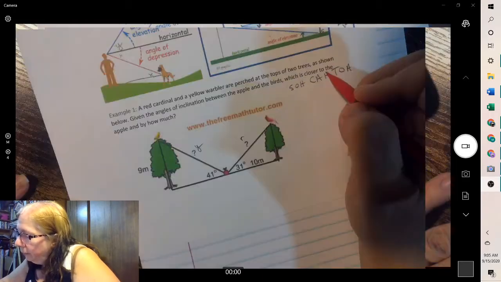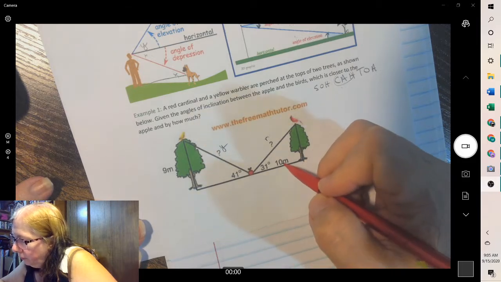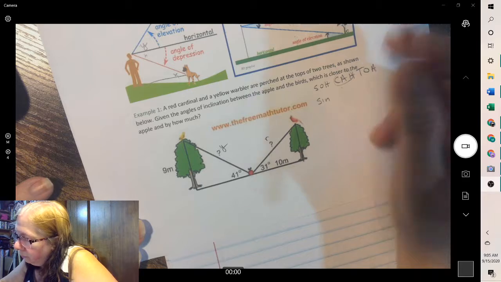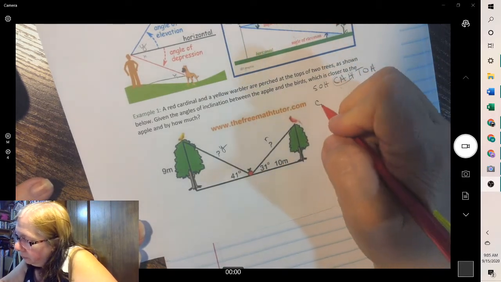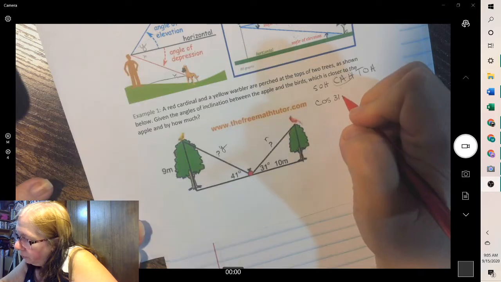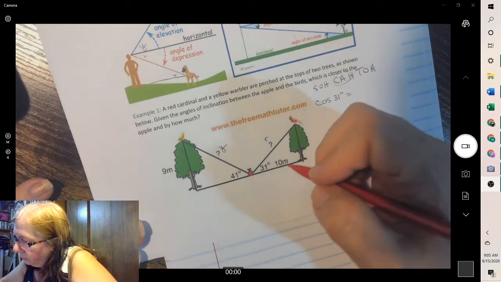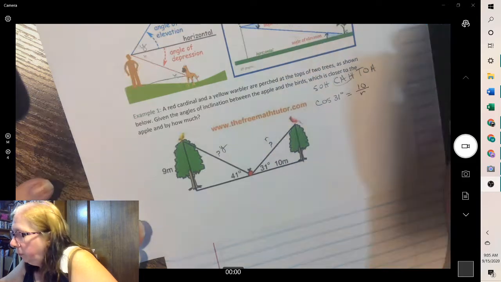For the red, you have this angle, and then this is adjacent and hypotenuse. So the cosine, because we circled this one. The cosine of 31 degrees is equal to adjacent over hypotenuse. Adjacent is 10, hypotenuse is r. That's what we're looking for.